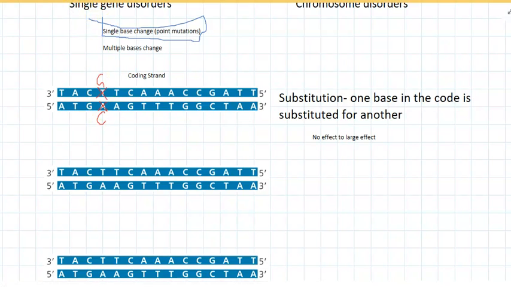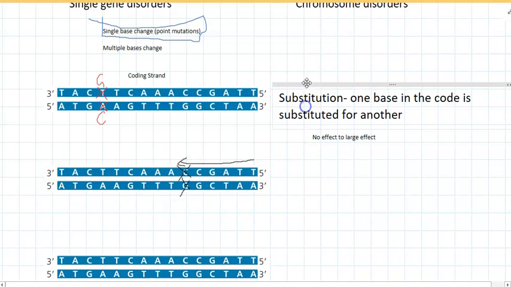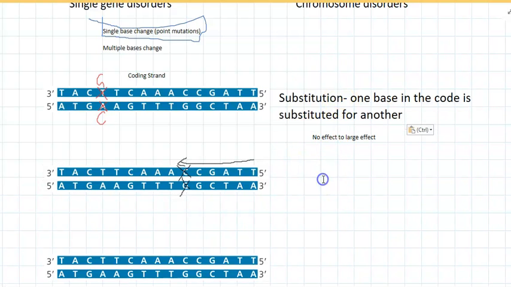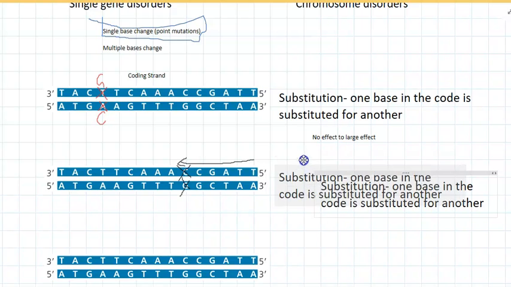Another type of point mutation is if a single base gets deleted. So let's say a different one. If one of these C's, cytosines, gets deleted, then that pushes all these other bases one slot to the left. So that kind of mutation is called a deletion, surprisingly.